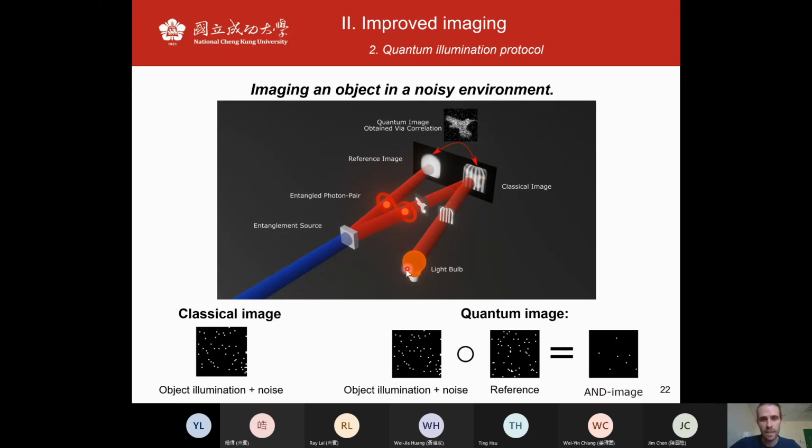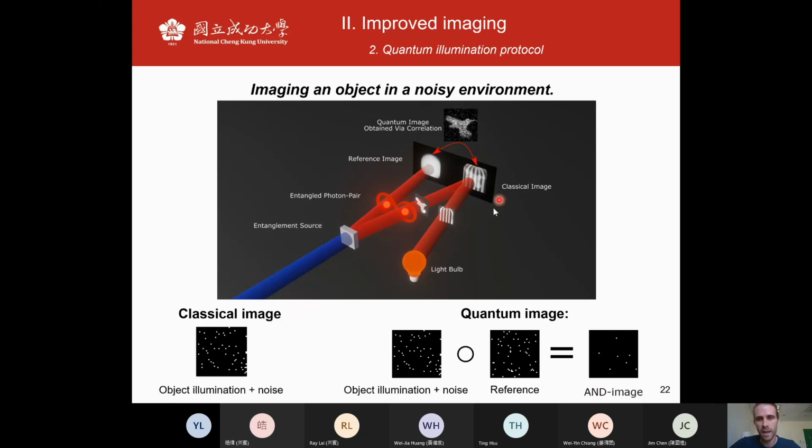What we do then is superimpose onto the sensor and onto this object the noise, which is just thermal light, which has the property of being really noisy and really hard to deal with when you want to get rid of it.